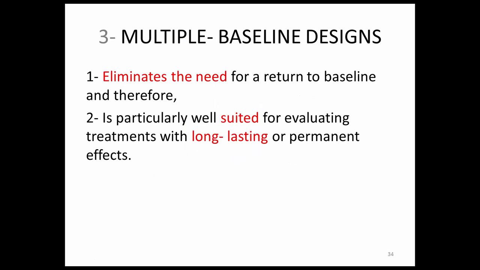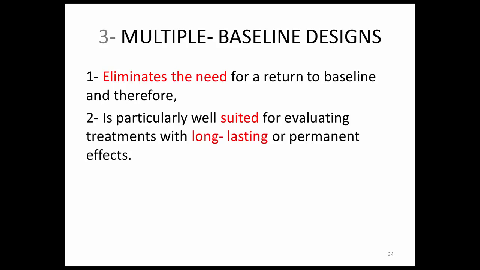And the other method is using multiple baseline design. Using a multiple baseline design eliminates the need for a return to baseline, because sometimes you don't want to go back to baseline. And also it's particularly useful for evaluating treatments with long lasting or permanent effects.